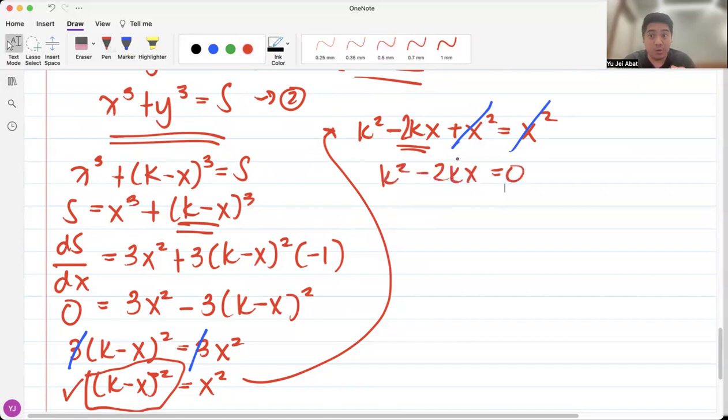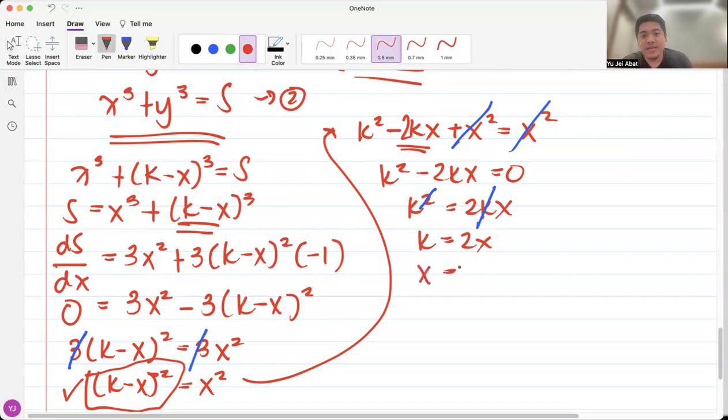I forgot the negative 2 earlier. So what we're going to do is transpose this, so it becomes 2kx. The k here will cancel with one k, so that you have k equals 2x, or simply in terms of x, k all over 2.